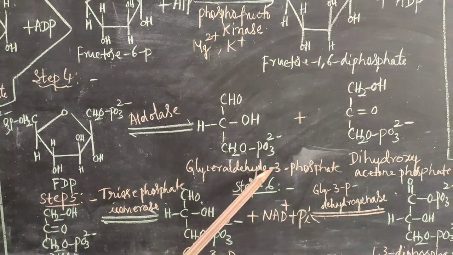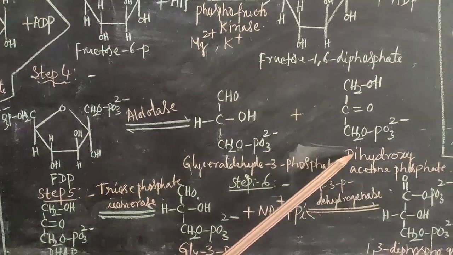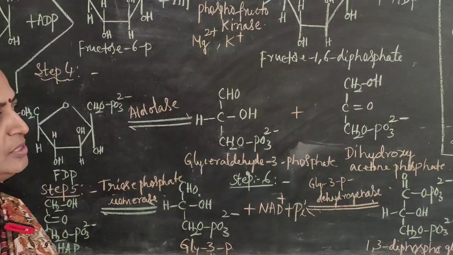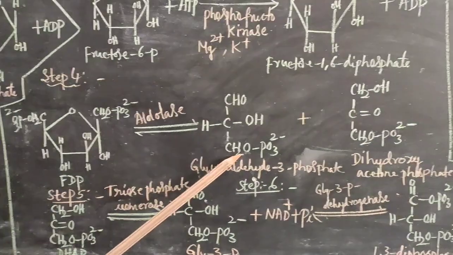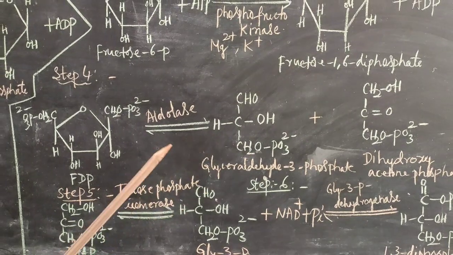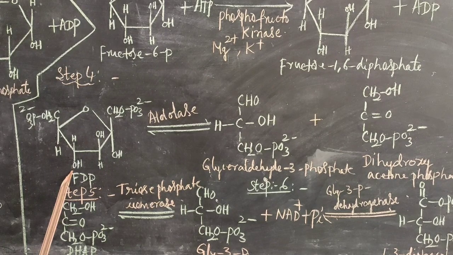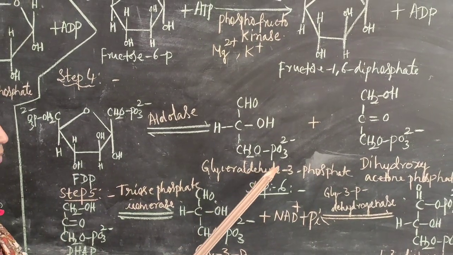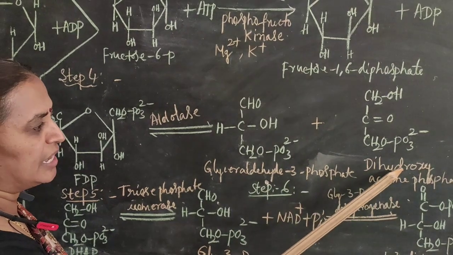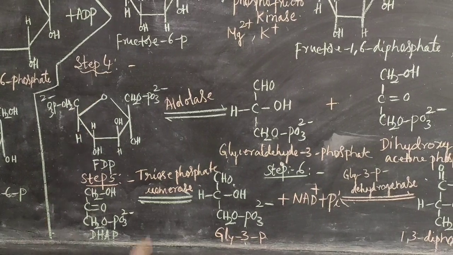One is glyceraldehyde 3-phosphate, an aldose, and the other is dihydroxyacetone phosphate, a ketotriose. This reaction involves carbon-carbon bond cleavage catalyzed by the enzyme aldolase. So that is step number 4 of glycolysis.